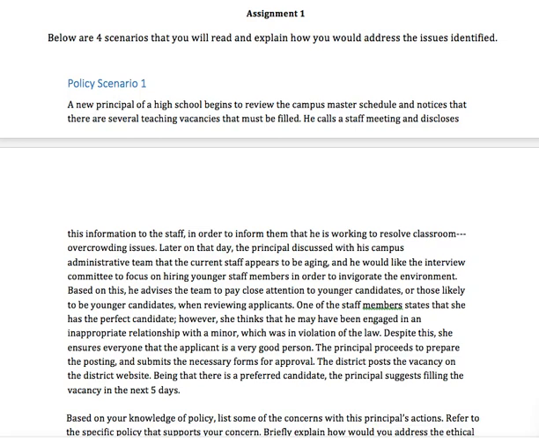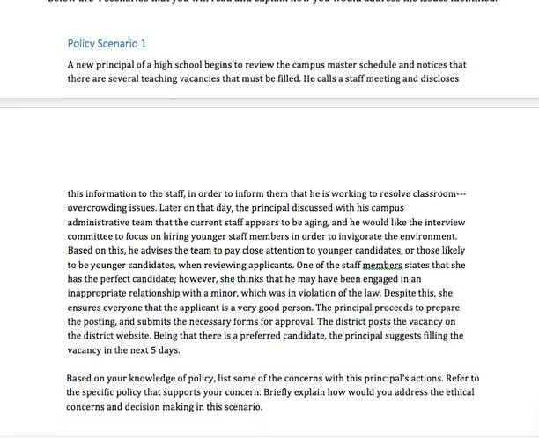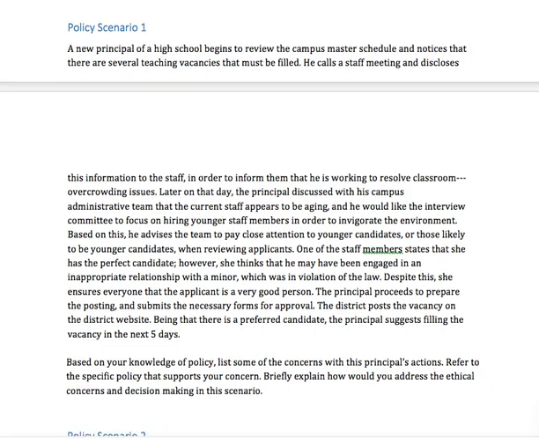Remember that you want to make sure that you talk about policy and really give a thorough response so that we know that you really understand this particular policy that you will be addressing in each of these 4 scenarios. So you have 4.